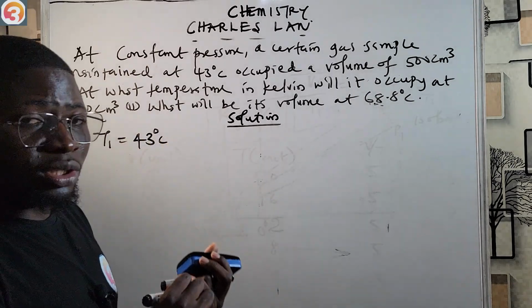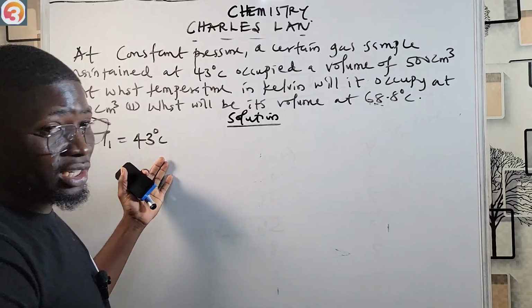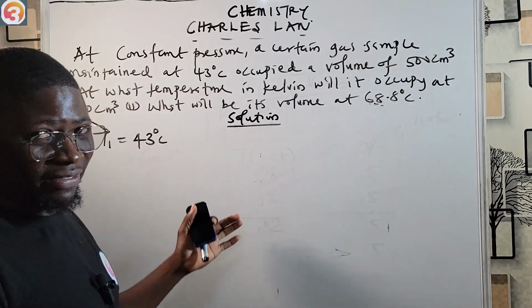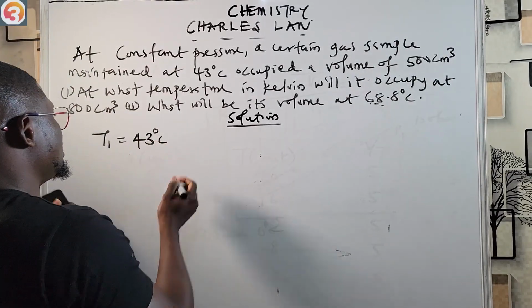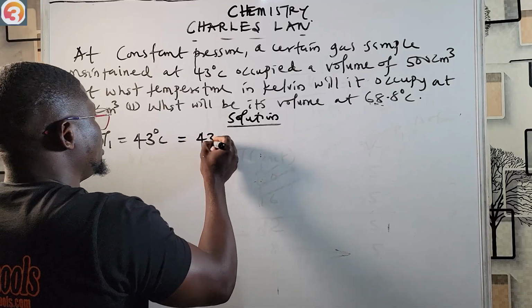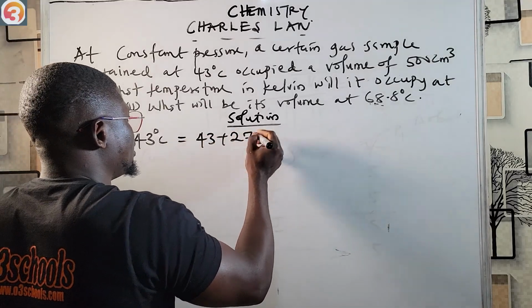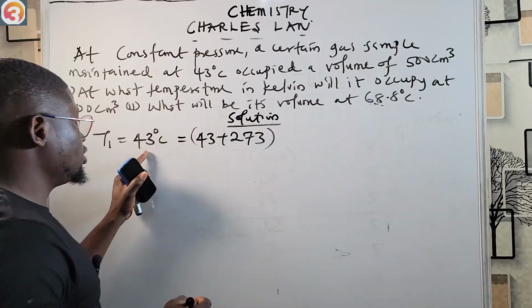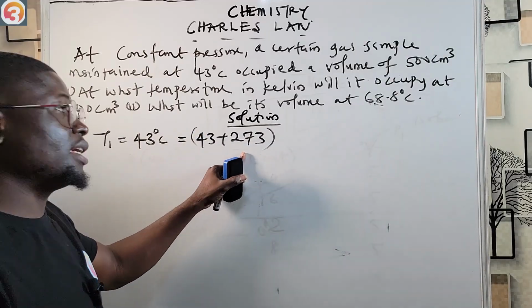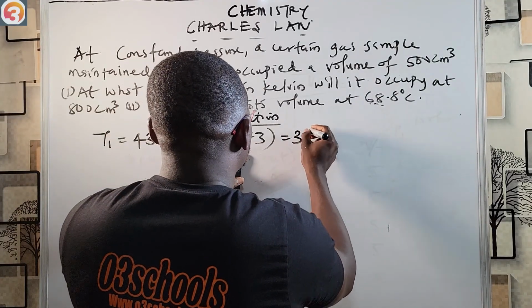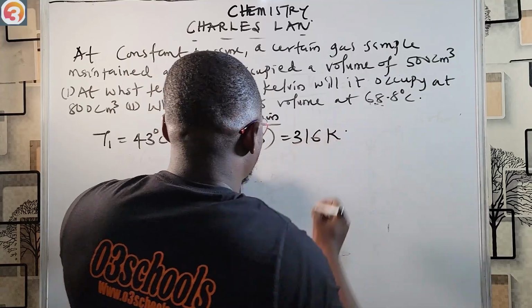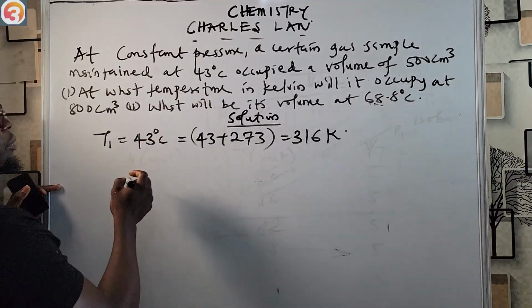When it comes to Charles' law, you don't solve in Celsius, you solve in Kelvin. To convert from Celsius to Kelvin, simply add 273: 43 plus 273 gives you 316 Kelvin.